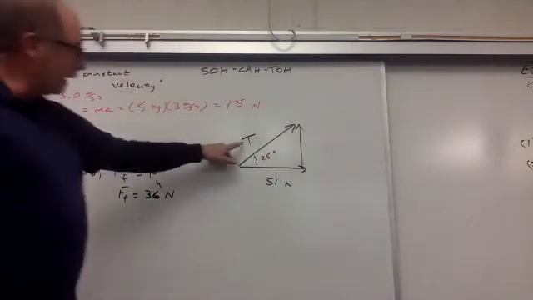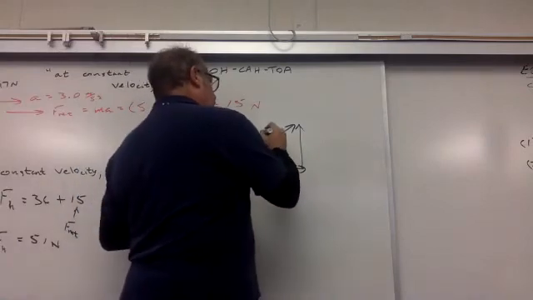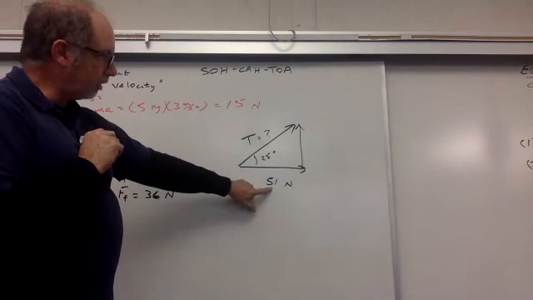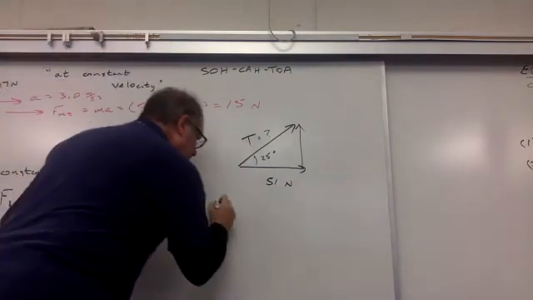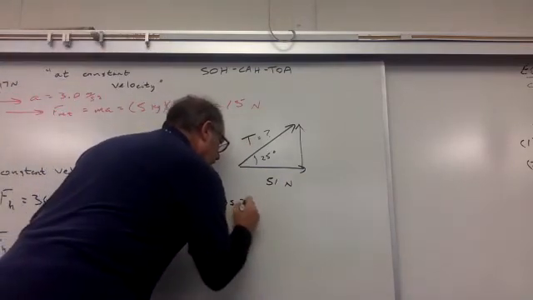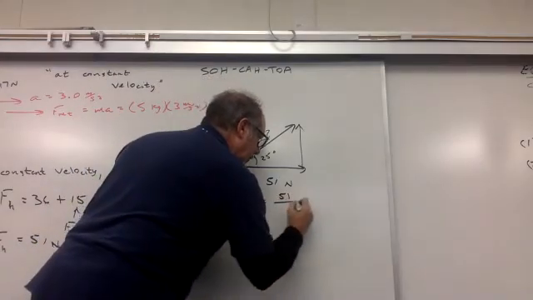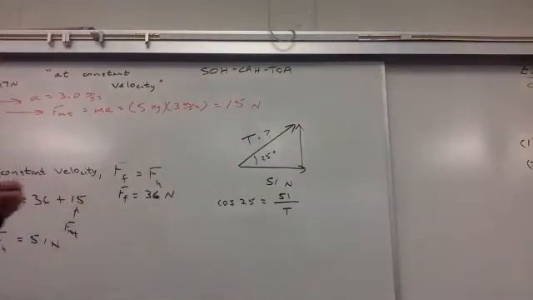So I'm really asking for, what is the tension in this rope? Adjacent, hypotenuse, cosine function. Cosine is equal to adjacent, 51, over hypotenuse, T.